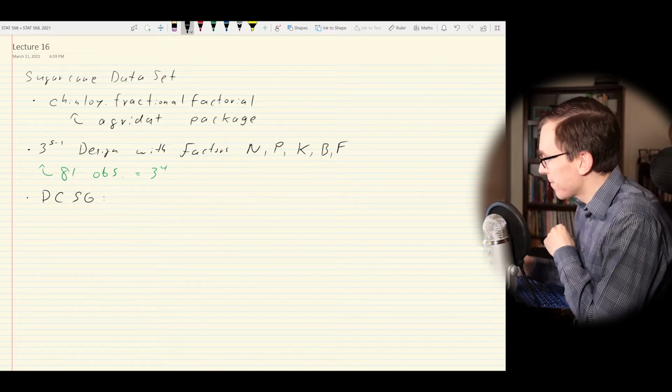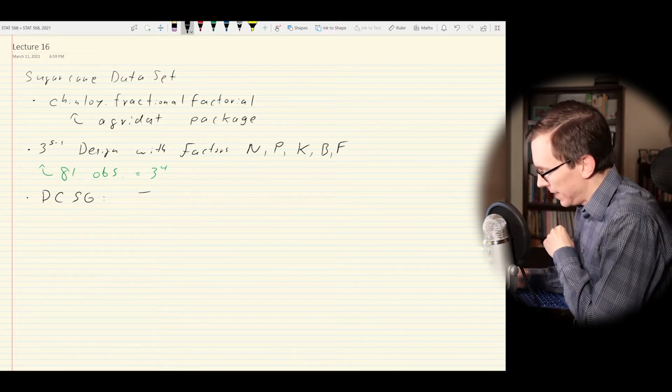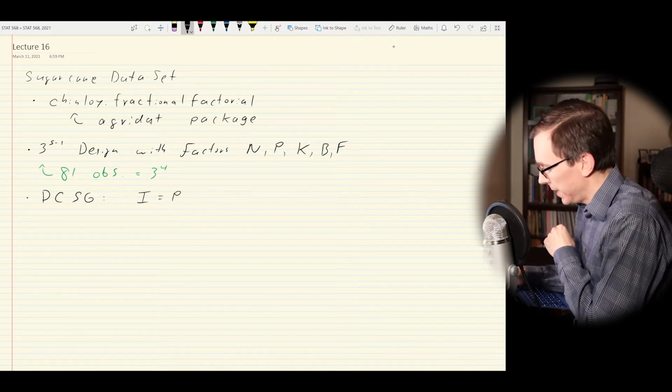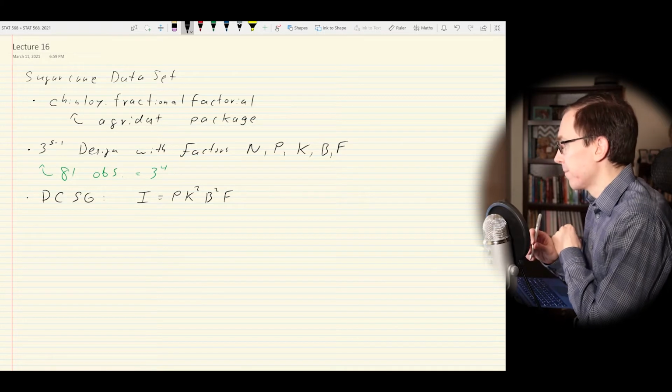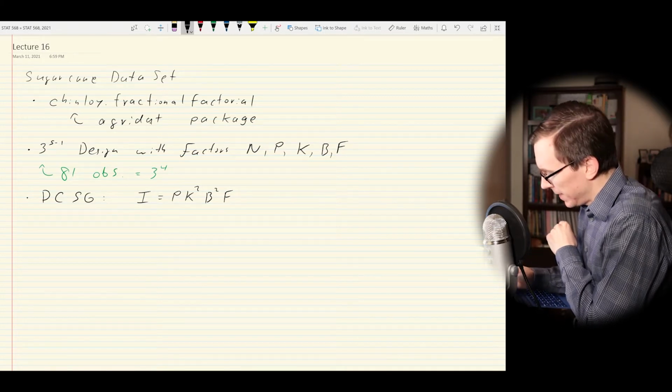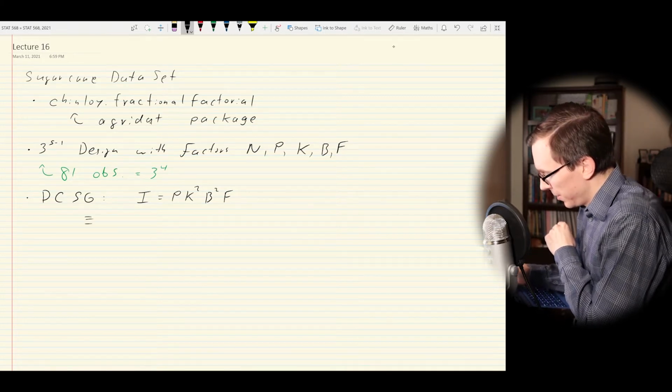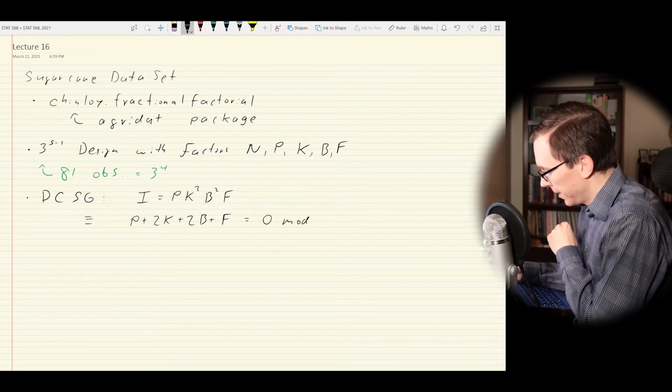Regardless, what you would find is that they have aliased the interaction term P K squared B squared F with the identity. And just to emphasize, this is equivalent to saying that P plus 2K plus 2B plus F is equal to 0 mod 3.